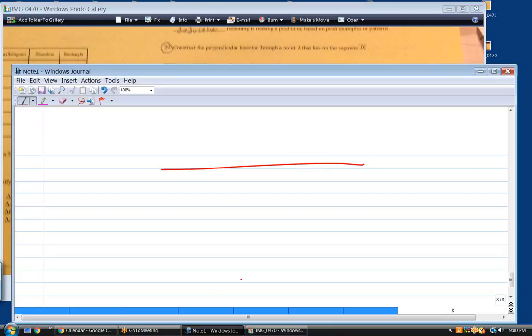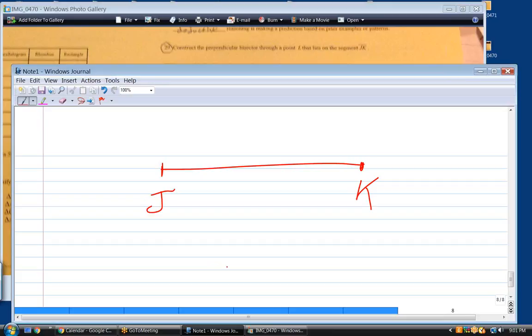But if I'm trying to bisect this segment, JK, we'll make this point J and this point K. You take your compass needle, make sure that the measurement is more than half of the line. Okay? Hold on, let me just write this out.